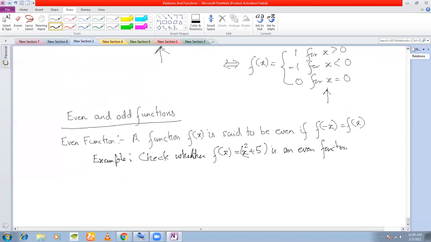Okay, now how will you proceed? See here, the function is given to you, right? So what you do is we find out f(-x). Devanjan, can you tell me what is f(-x)? From f(x), can you find out f(-x)?